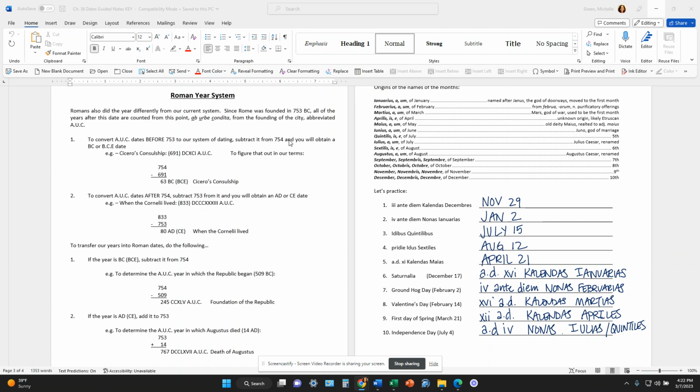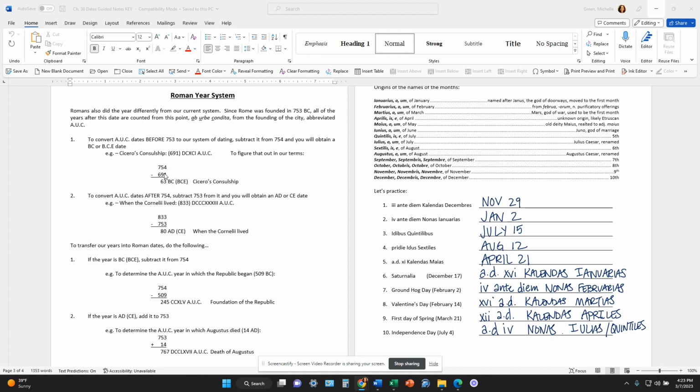And so we have to think in terms of year zero not being accounted for, and you're going to attain a BC or BCE date. So if we get this date in an ancient Roman document, for example, it says DCXCI AUC, meaning 691 AUC. Well, 691 is less than 753, so it's a BC date.